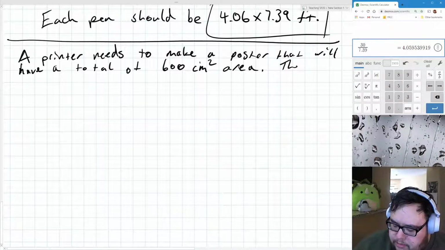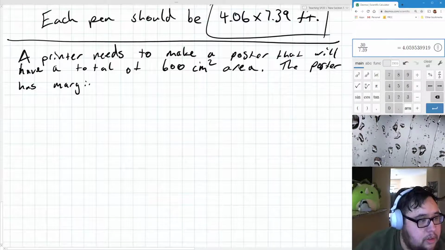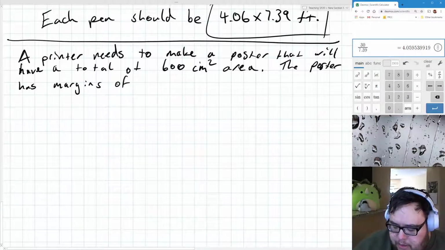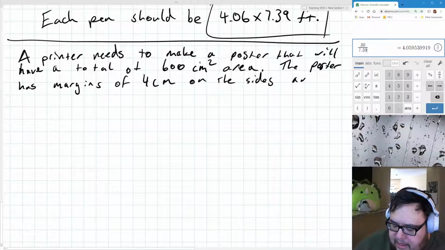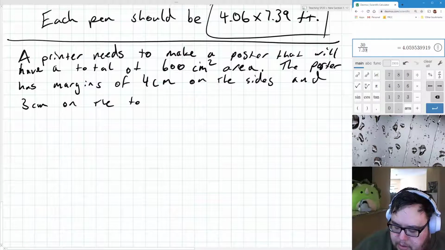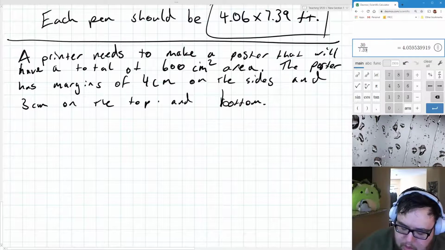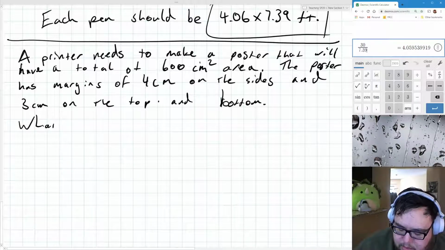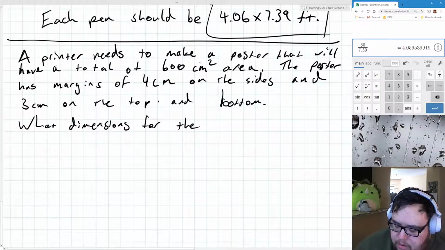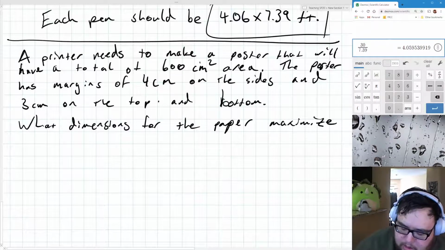The poster has margins of 4 centimeters on the sides and 3 centimeters on the top and bottom. What dimensions for the paper maximize the readable area?